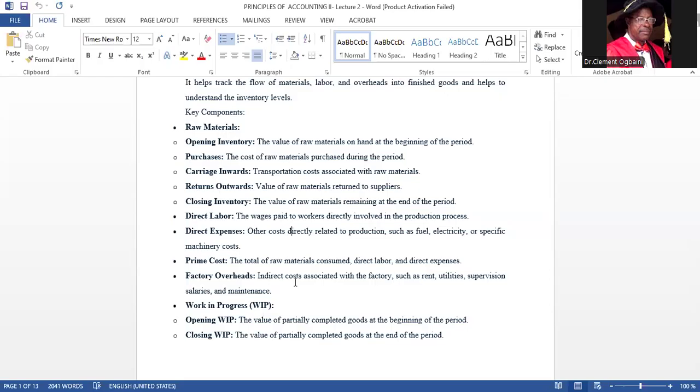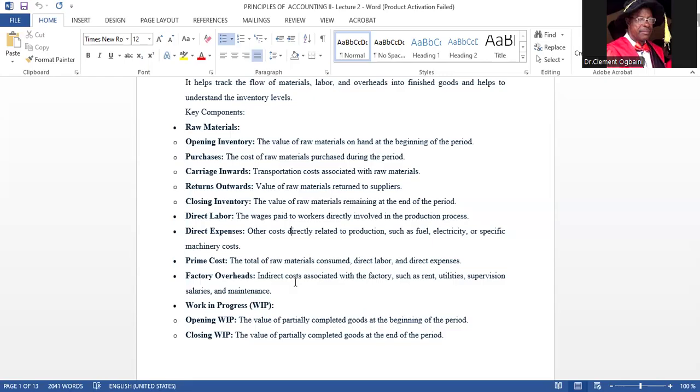In that case, it is a direct expense. But the ones that you cannot easily calculate, like the examples I made of electricity and fuel, and depreciation, you cannot say that if you depreciate an asset, this is the quantity you used it to produce. No, it doesn't work like that. So it's an indirect expense.